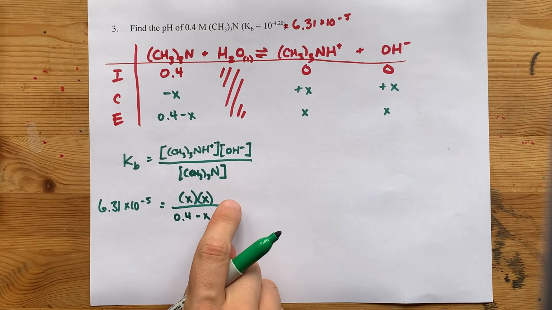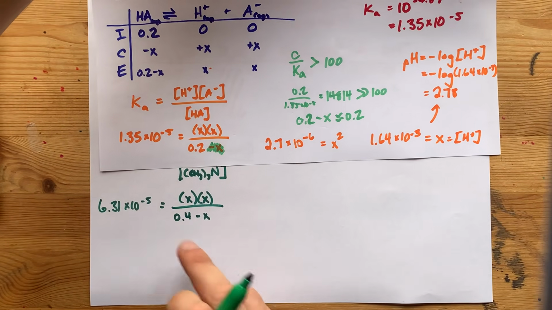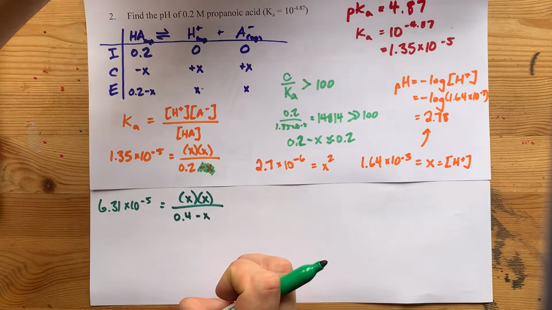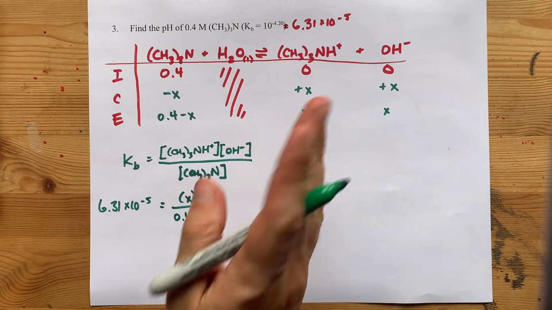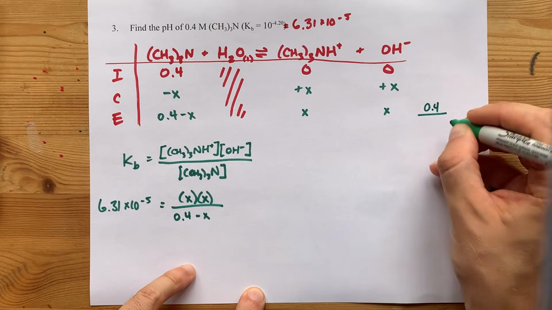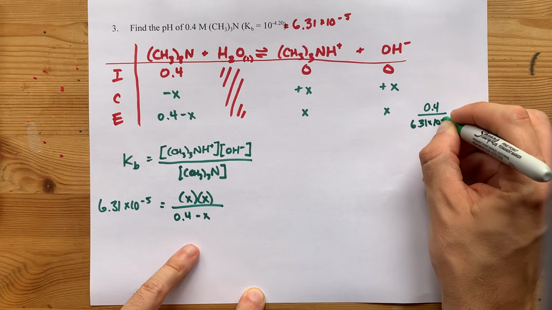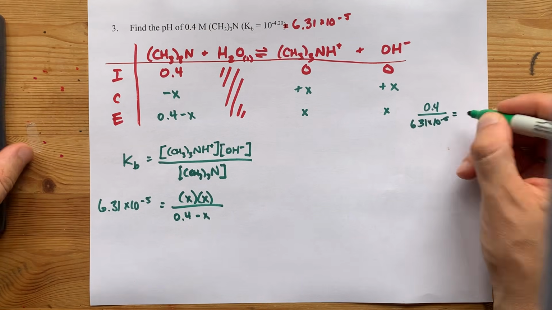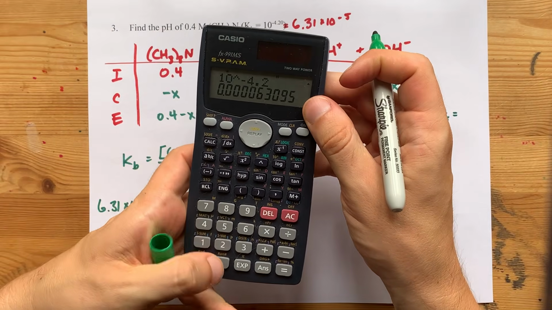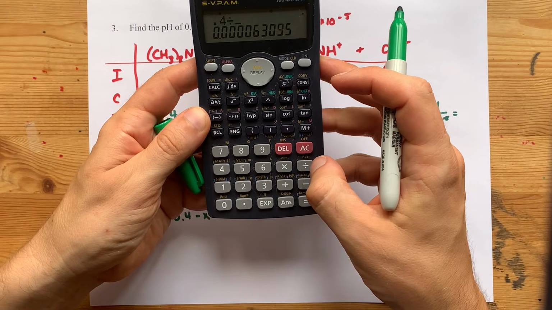Just compare that to the weak acid stuff we did just before. It looks almost exactly the same. And likewise, perhaps 0.4 over the Kb, that's concentration divided by K, perhaps it will be such a large number that we can assume that minus X cancels.